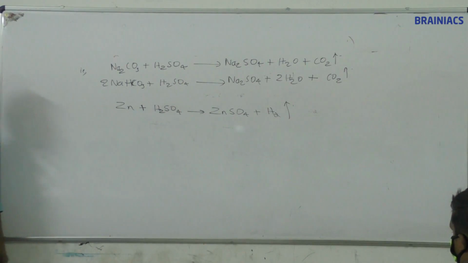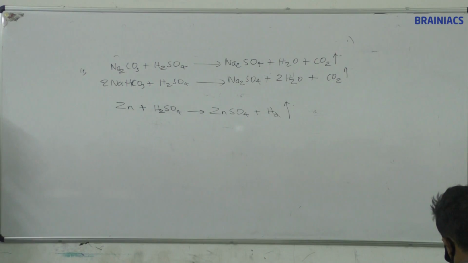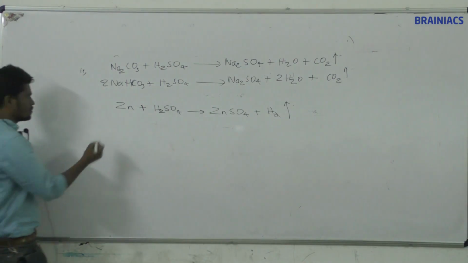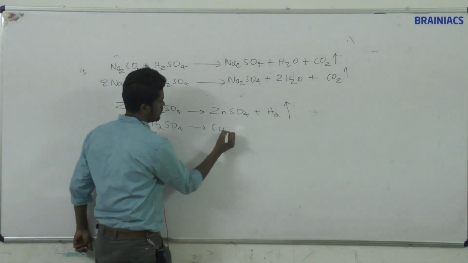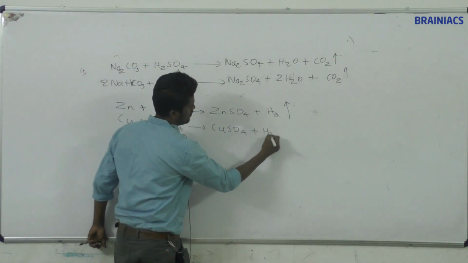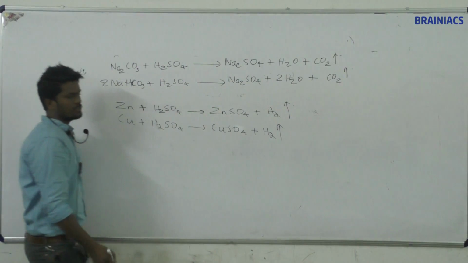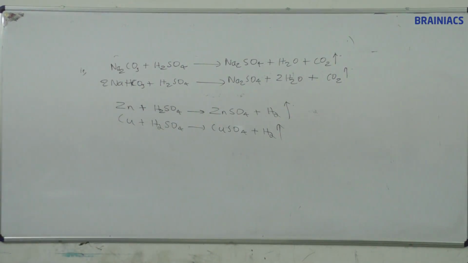Active metals dissolve in H2SO4 and liberate H2. Cu plus H2SO4 gives CuSO4 plus H2.